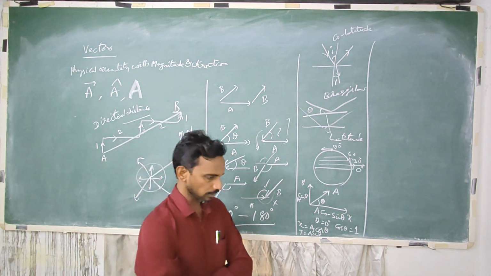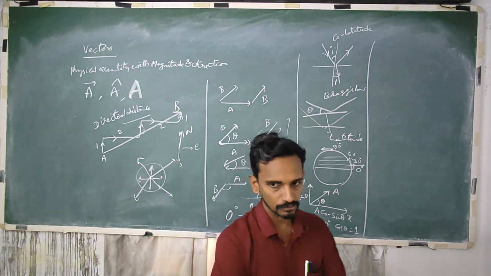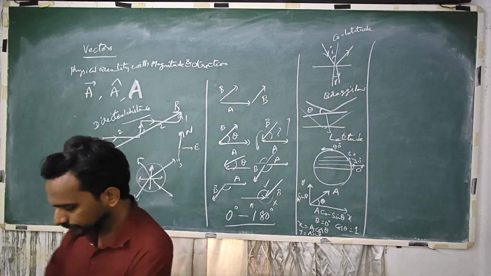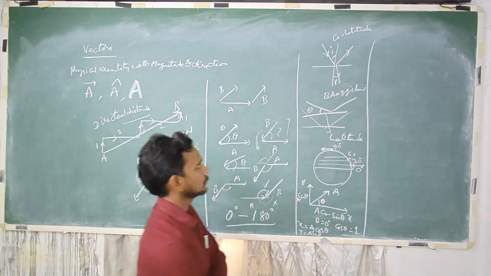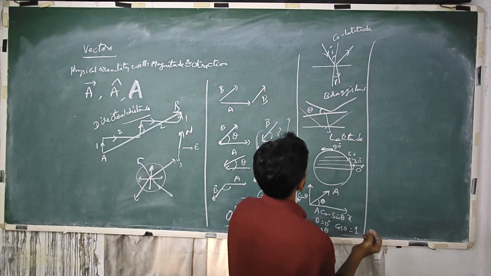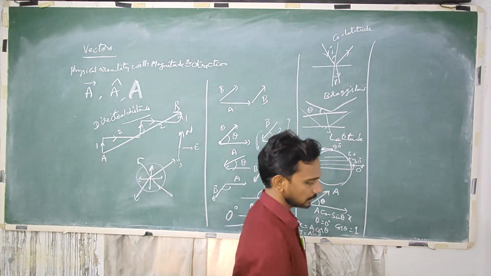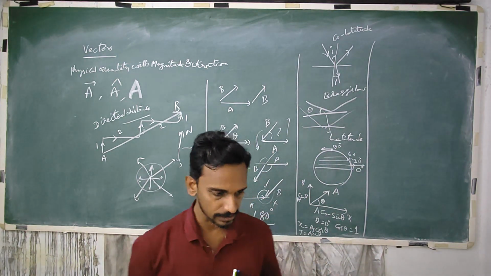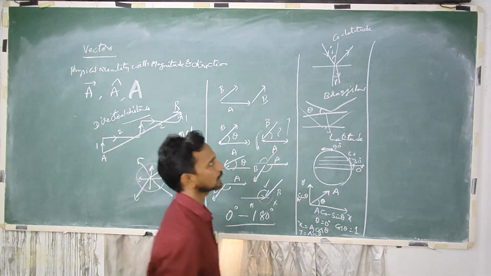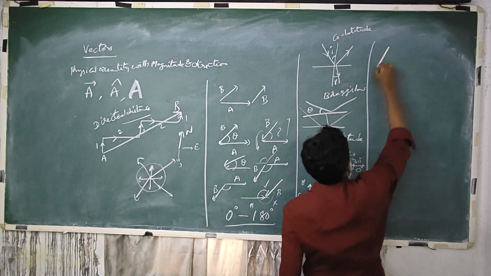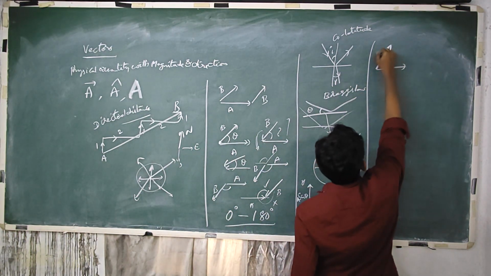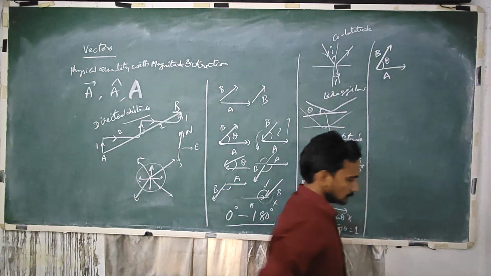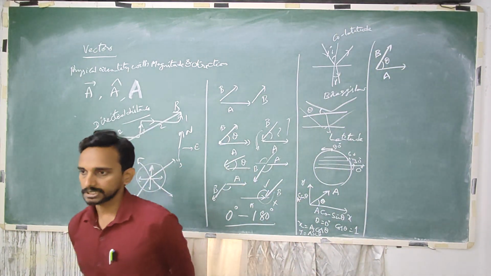So now we come to the dot product of two vectors. Otherwise, first of all, we'll see the addition of two vectors. So for adding two vectors, you have to connect the vectors from head to tail. Let's say you are given two vectors like this, A and B, and the angle between them is theta.